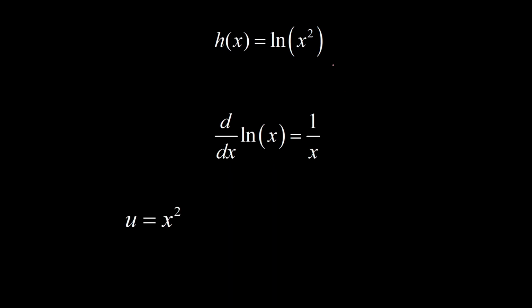So what we're going to do is we're going to take our function log of x squared, and we're simply going to define a new letter. I'm just going to call it u, and we're going to say u equals this x squared. And when we do that, we can then write h in terms of u. So again, we have log of x squared.